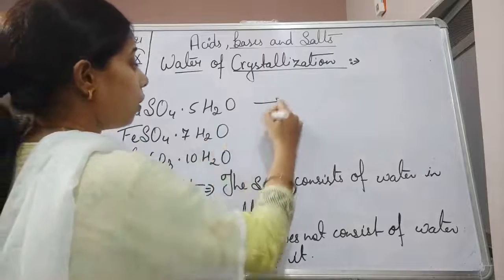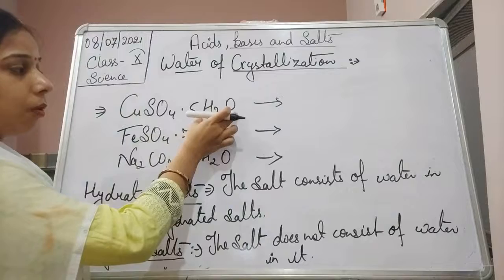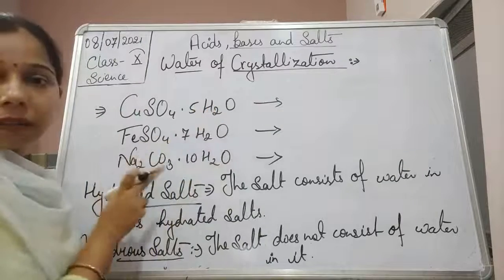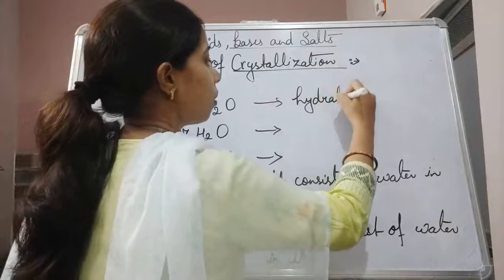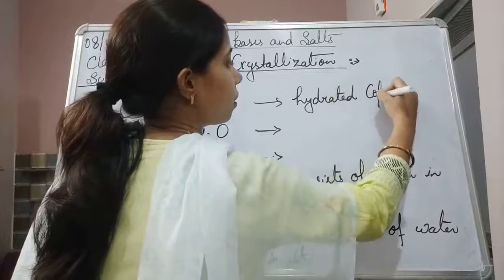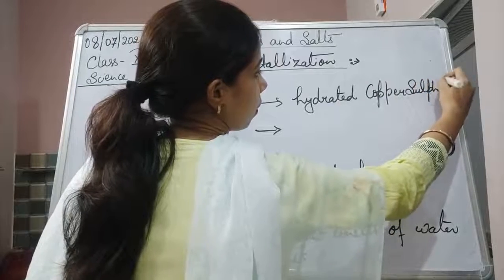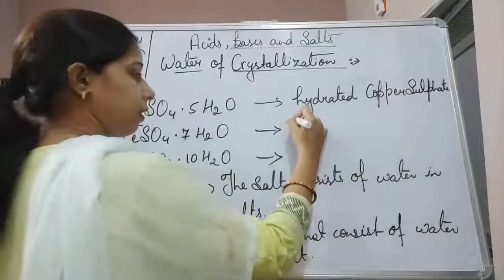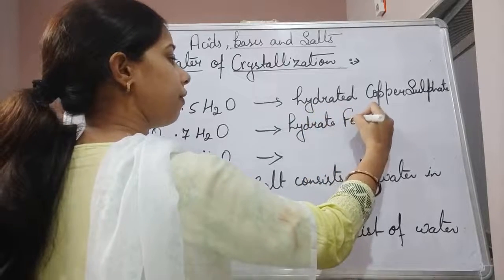Now you see here, CuSO4 consists of water in it, so we say it is hydrated copper sulfate. This is hydrated ferrous sulfate.